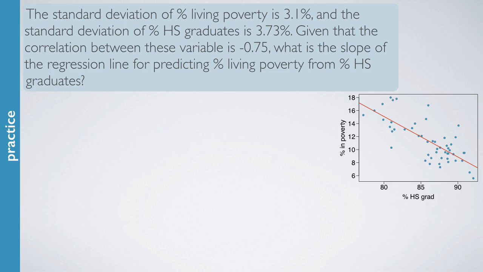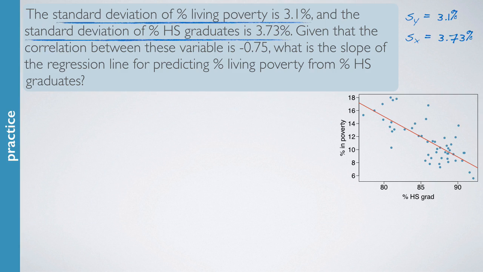First, let's parse through the information that's given to us in the problem. We're told that the standard deviation of percentage living in poverty is 3.1%, so we can say that s_y is 3.1%, because remember, poverty is our response variable. And we're also told that the standard deviation of percentage of high school graduates is 3.73%, so s_x is 3.73%.